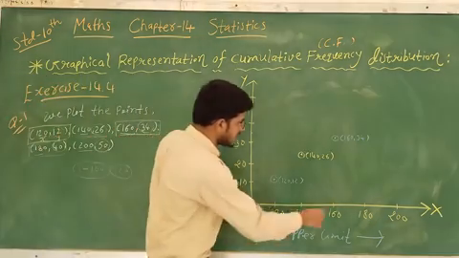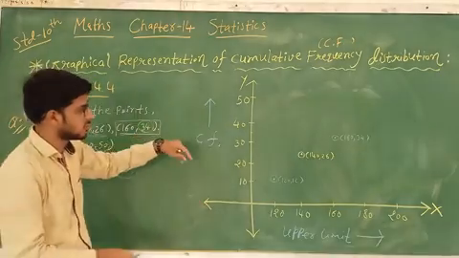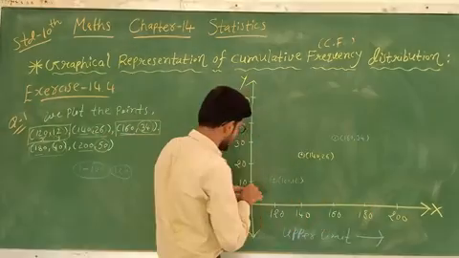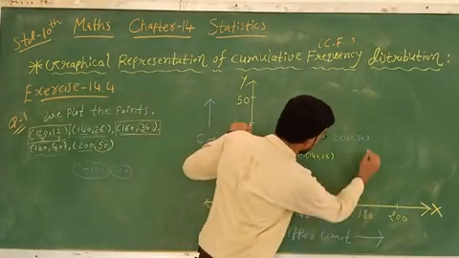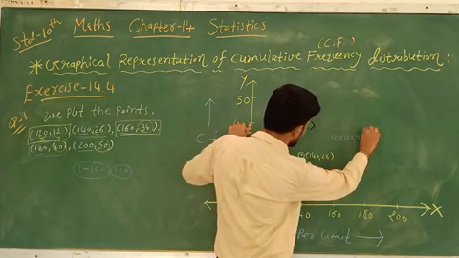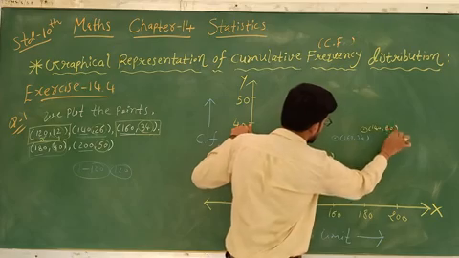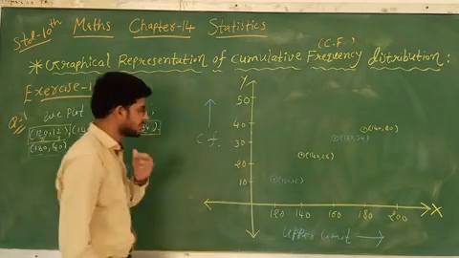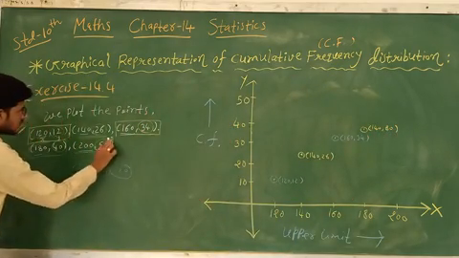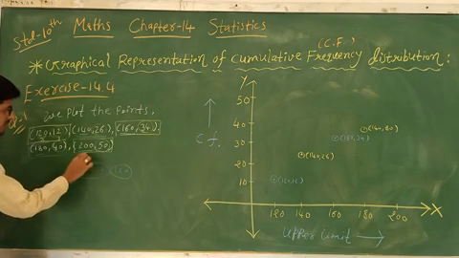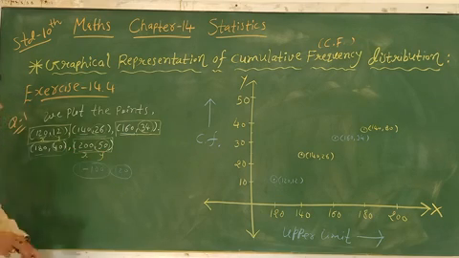Fourth point is 180, 40. So 180 on the x-axis and 40 on the y-axis. We plot 180, 40. And the last point is 200, 50, so on the x-axis 200 and on the y-axis 50.